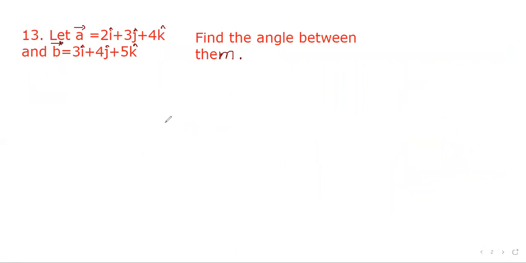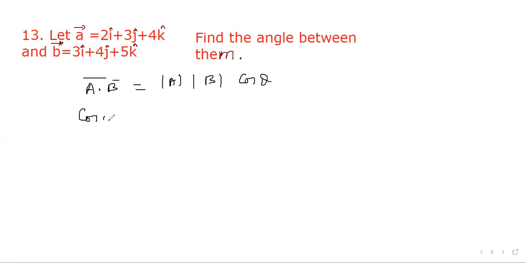Question number 13. We are given A equal to 2i plus 3j plus 4k and B equal to 3i plus 4j plus 5k, find the angle between them. So we are going to make use of the dot product. We know A dot B equals modulus A modulus B cos theta.